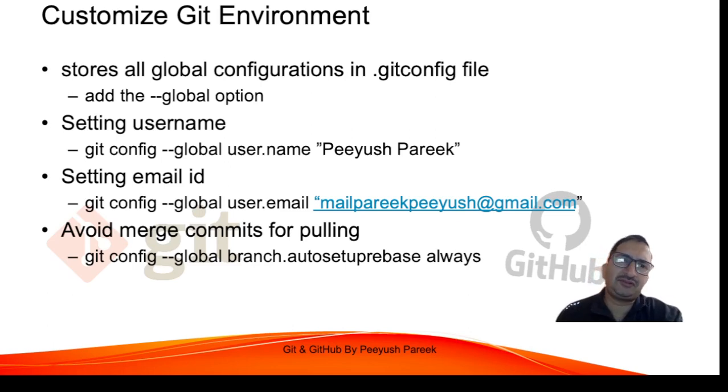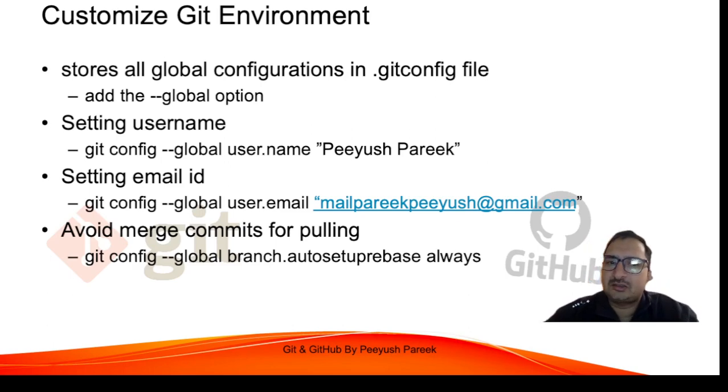Now we have some customizations also available that we can do in our Git environment. Basically, the configuration that Git stores is in the gitconfig file, which on Linux is in the /etc/gitconfig file.